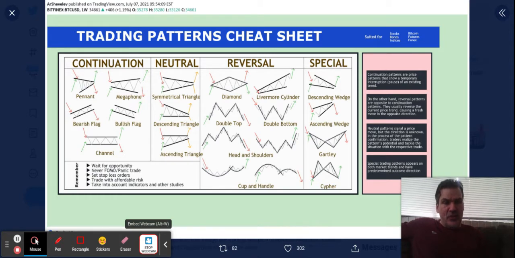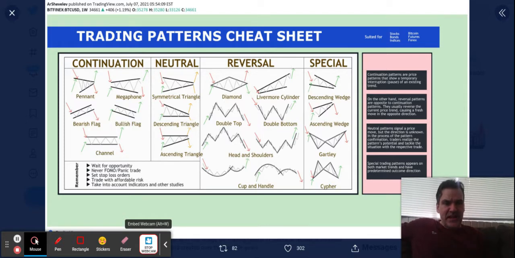Neutral patterns signal a price move, but the direction is unknown, okay? That's usually when we get into those movements where we look at Bitcoin and we just kind of yawn, in terms of what's happening. It basically puts you to sleep, okay?